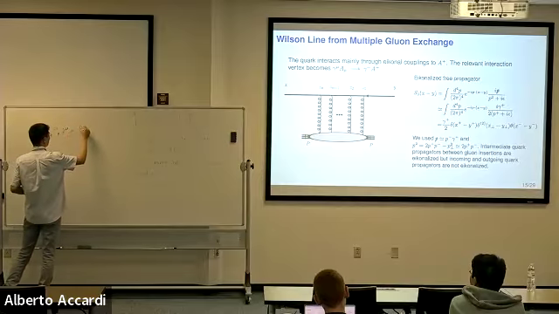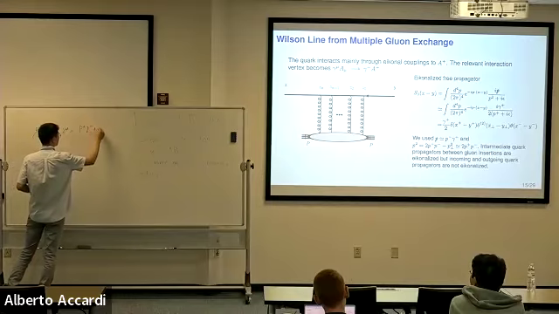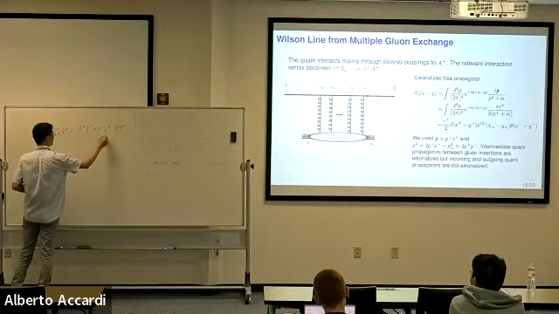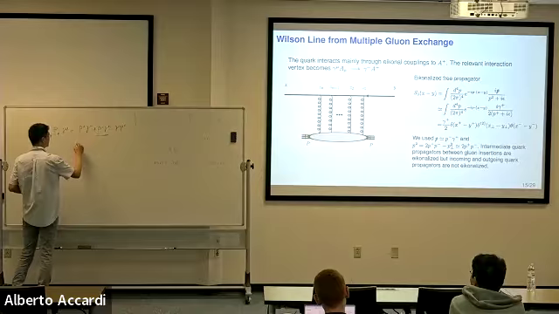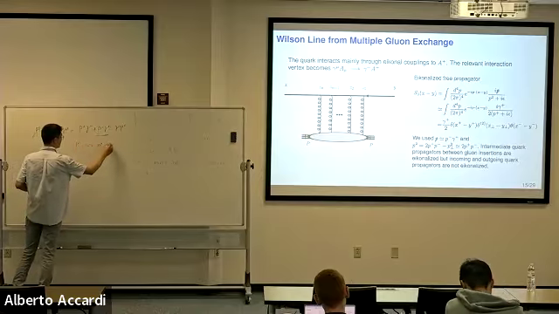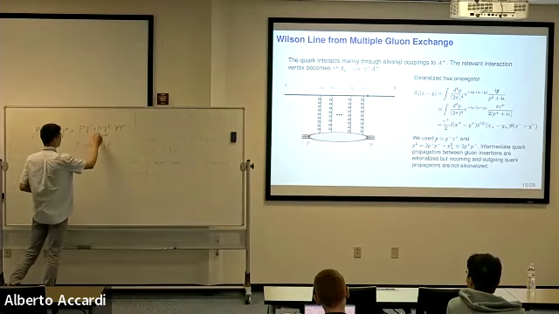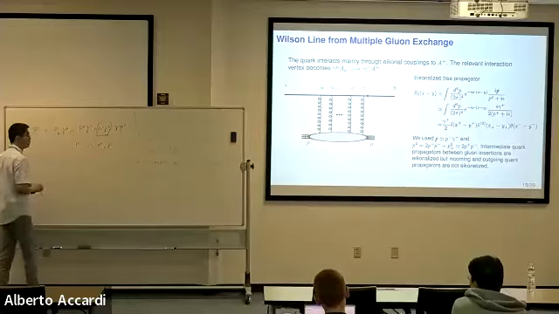So then you have P^+ gamma^- plus gamma^+ gamma_perp dot P_perp. This is the dominant component because your P^- is much larger than P^+ and P_perp. So in this limit, I'll just keep this term.